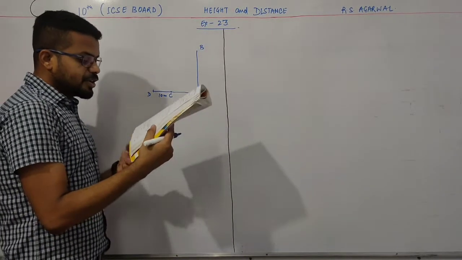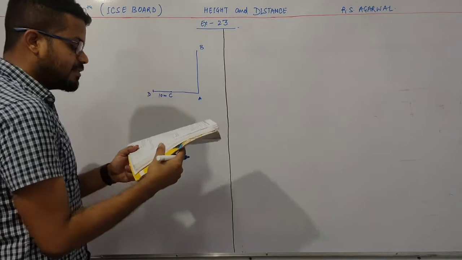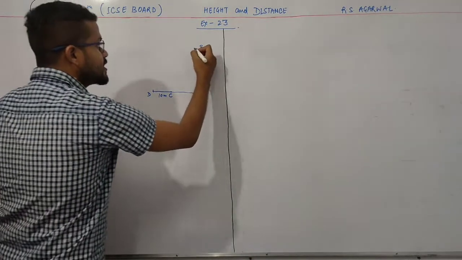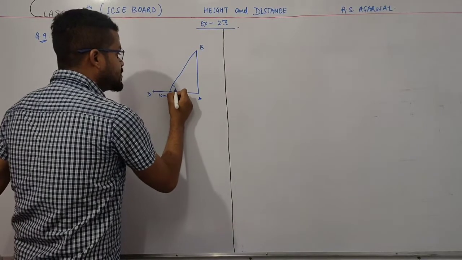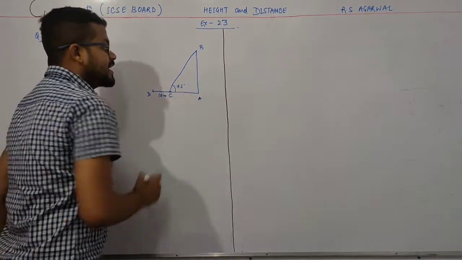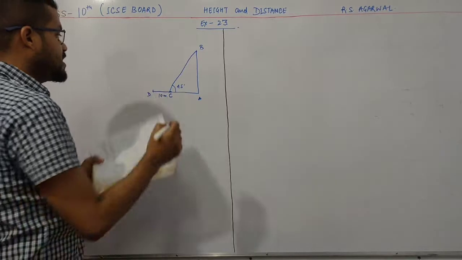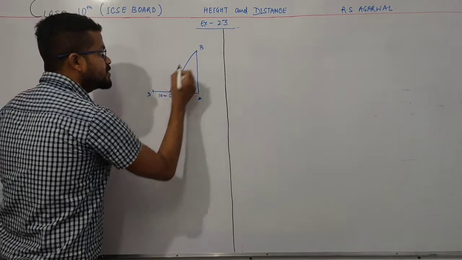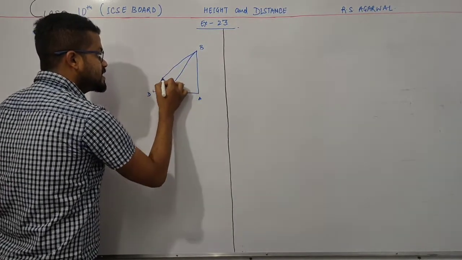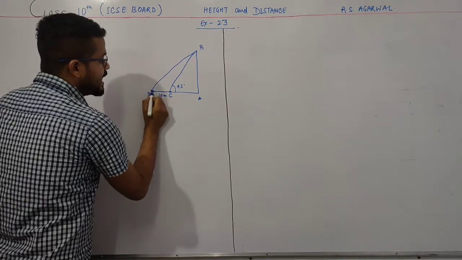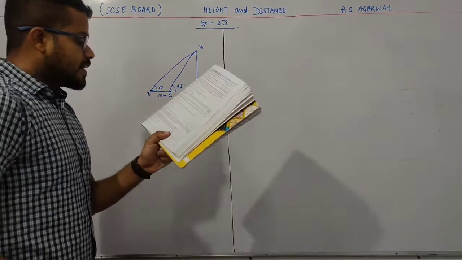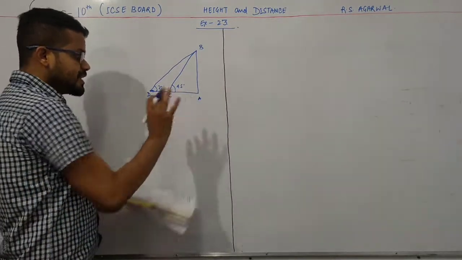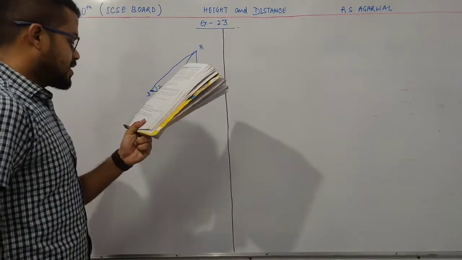When the altitude of the sun changes from 45 degrees to 30 degrees, the shadow is increased by 10 meters. Here the altitude, or angle of elevation of the sun, changes from 45 degrees to 30 degrees, as shown in the figure given in your question.